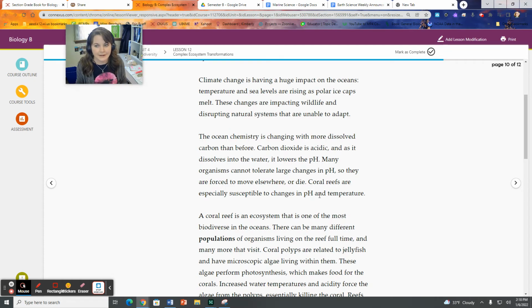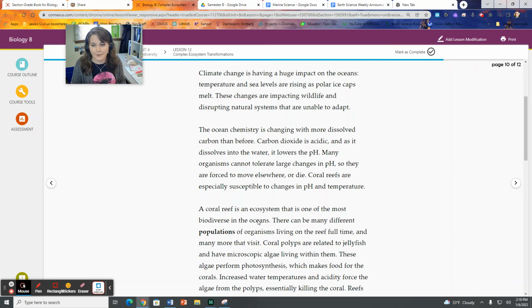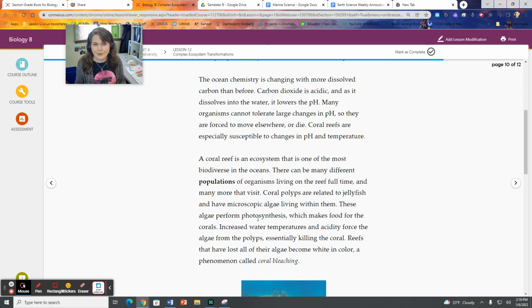It gets more acidic. And so that has an effect on ocean organisms that don't necessarily like higher levels of acid in their water. And again, we're not talking about you stick your hand in and it dissolves your flesh kind of acid. This is just a small change, but living things are sensitive to small changes.